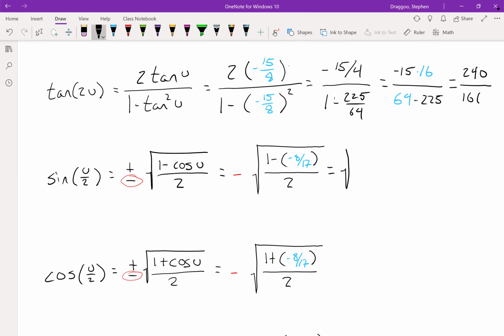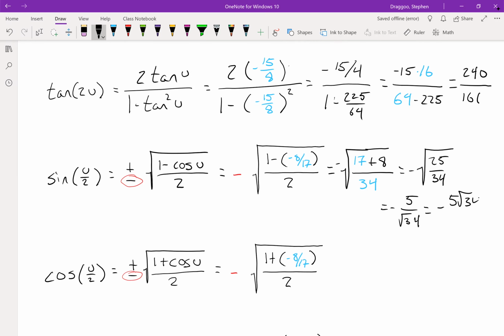For sine of u over 2, this is negative the square root of 17 plus 8 divided by 2 times 17, which is 34. So we're looking at negative square root 25 over 34, which is negative 5 over root 34, which after rationalizing is negative 5 root 34 over 34.